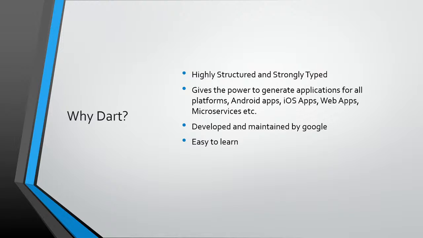Node was something that provided the ability for front end or JavaScript users to go into the back end and develop backend services and everything. Dart does the opposite. Dart gives backend developers the ability to actually go on to the front end and develop stuff.